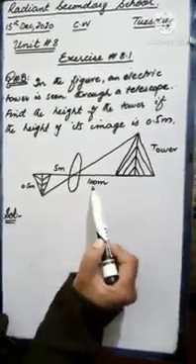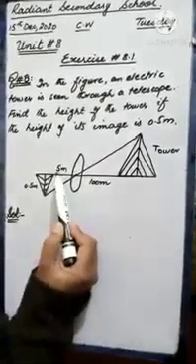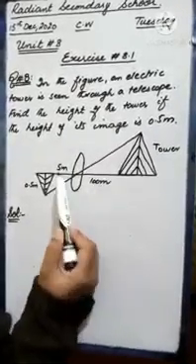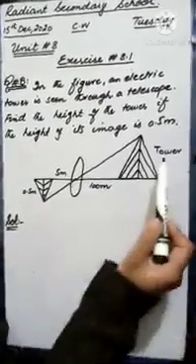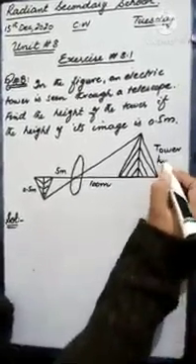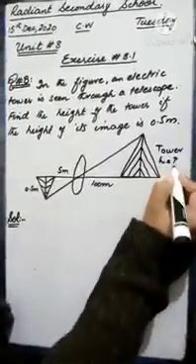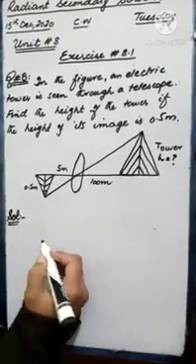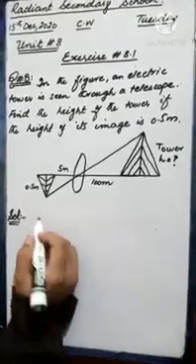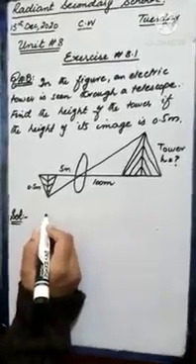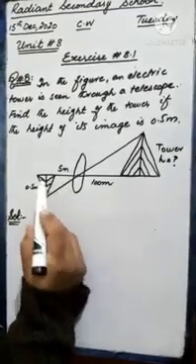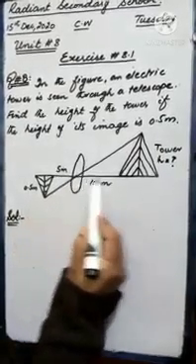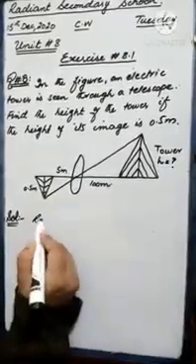This is mentioned in the question. This is 100 meters, this is 5 meters, and these are two similar triangles. We have to find the height. If I am supposing this is H, we have to find the value of H. According to the same property, ratio of the corresponding sides, we can apply the ratio. You can see this side, ratio of this side.